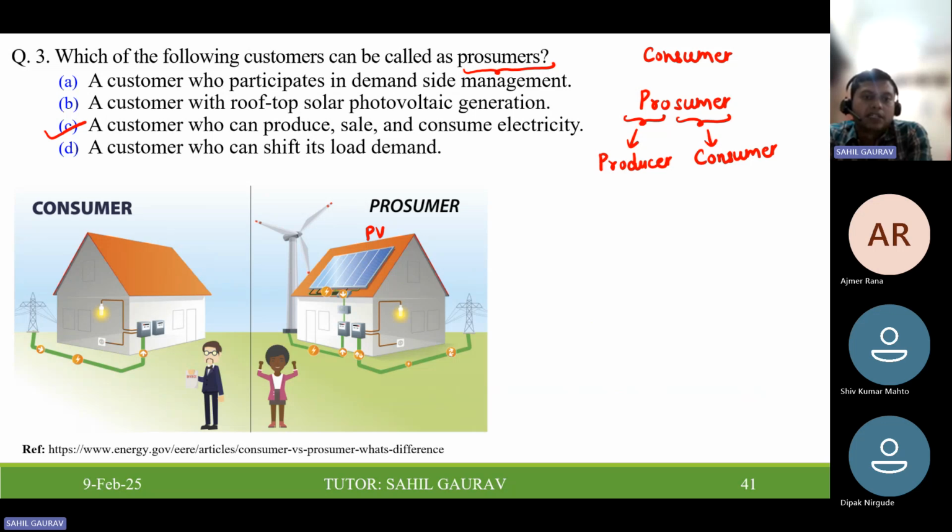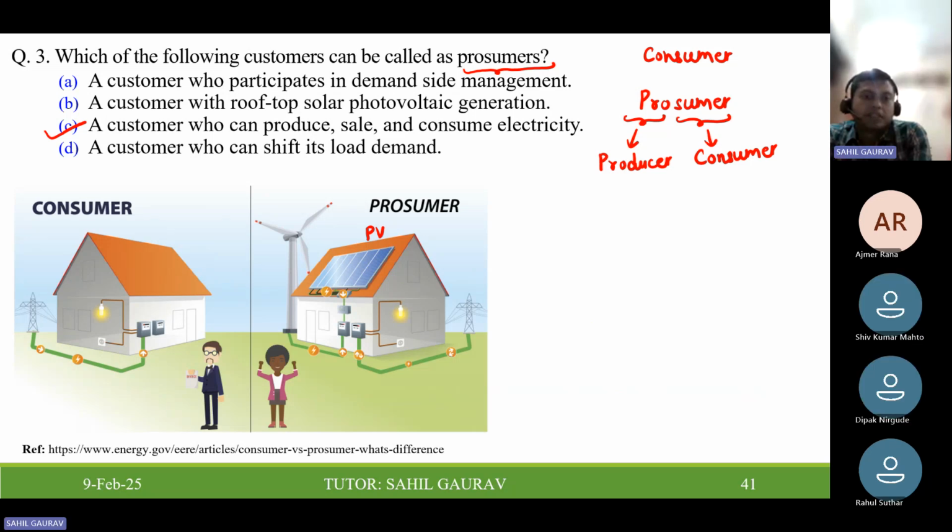In that way, we can produce electricity while consuming electricity as well. So we are producing electricity as well as consuming electricity from the utilities. You can say that you can produce, sell, and consume electricity. So that is the meaning of prosumers. Pro means producer and sumer means consumer, so it is combined from producer and consumer.